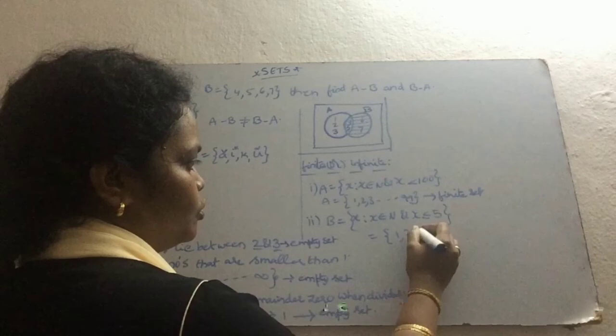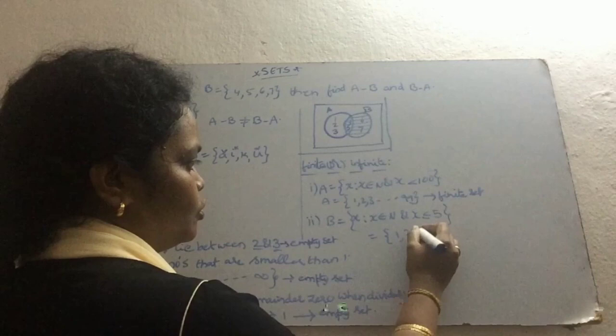And next, third one, C equal to {1 square, 2 square, 3 square and so on}. This is an infinite set because it's going on. And next fourth one, D equal to {1, 2, 3, 4}. This is a finite set.